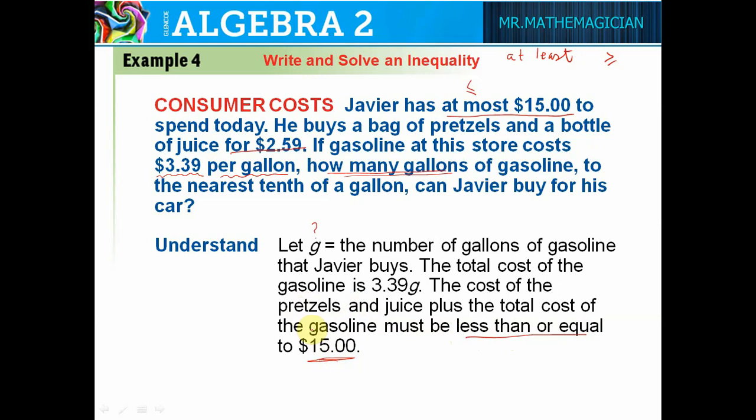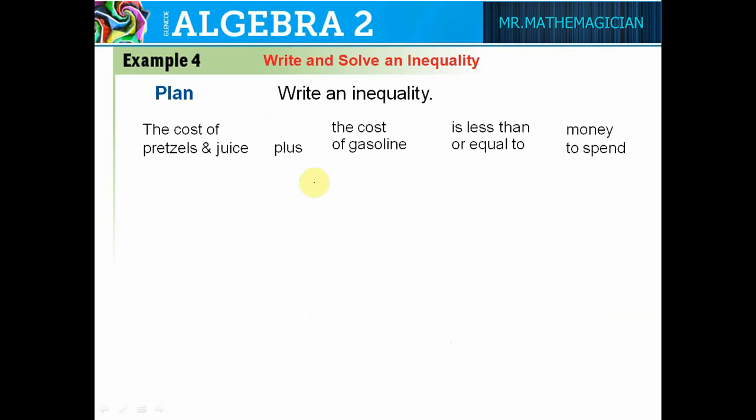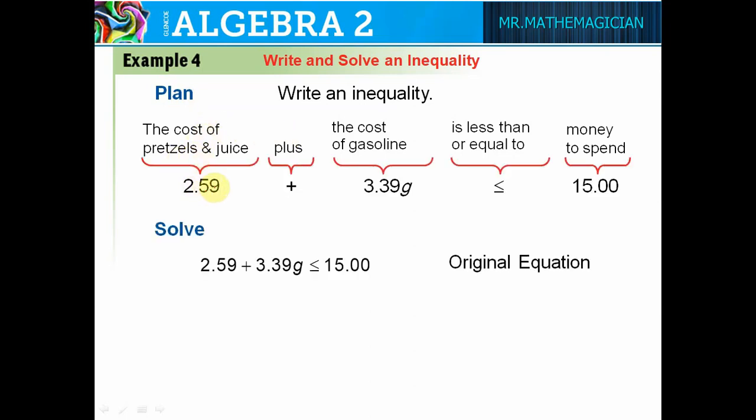Now let's summarize the problem. How can we write it down as an inequality? So our plan to write the inequality: the cost of pretzels and juice, we know that it is $2.59, plus the cost of gasoline, it will be 3.39 G, means the price of 1 gallon multiplied by number of gallons, and all of this amount should be smaller than or equal to 15, because this is the total amount of money he has.